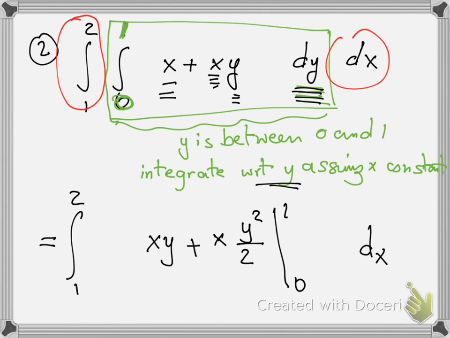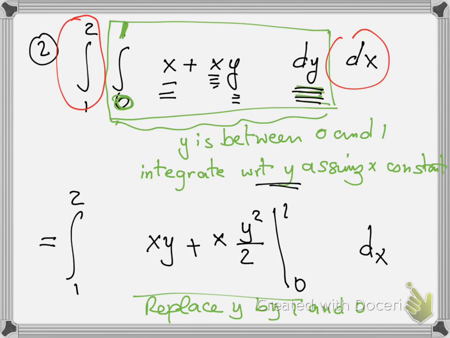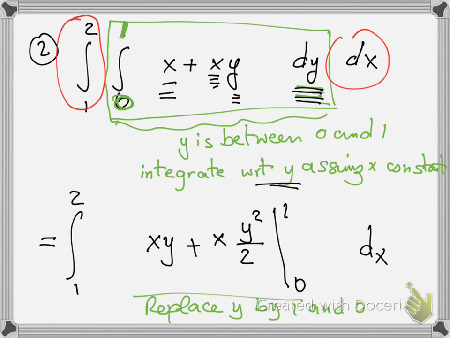So now I'm gonna replace y by 1 and then 0. So here, replace y by 1 and 0. So let's just keep the 1, 2. So this is 1, 2 here. This is your dx. And now I'm going to replace here y by 1.